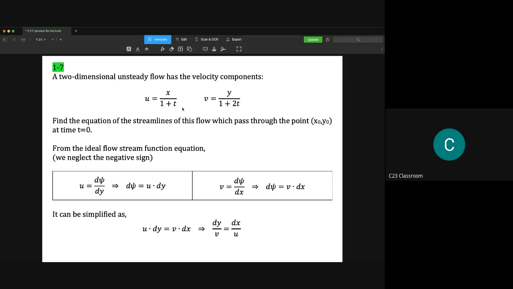The idea of a streamline, as I said previously, is that we try to give a mathematical equation for the flow. For example, in a real situation we have a flow like this. We need to create a mathematical equation that could show the path of that flow. That is the streamline.